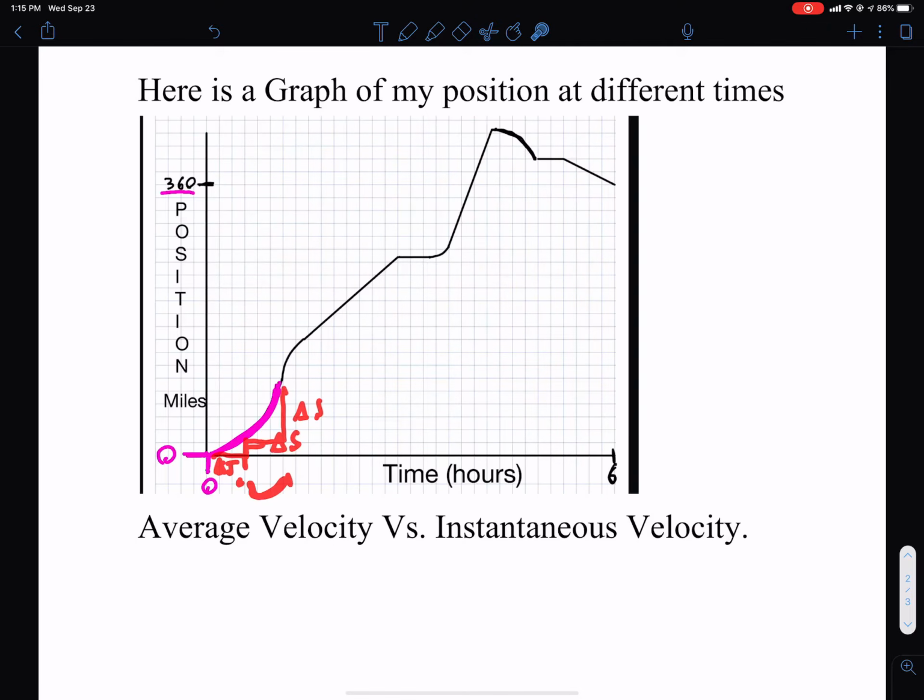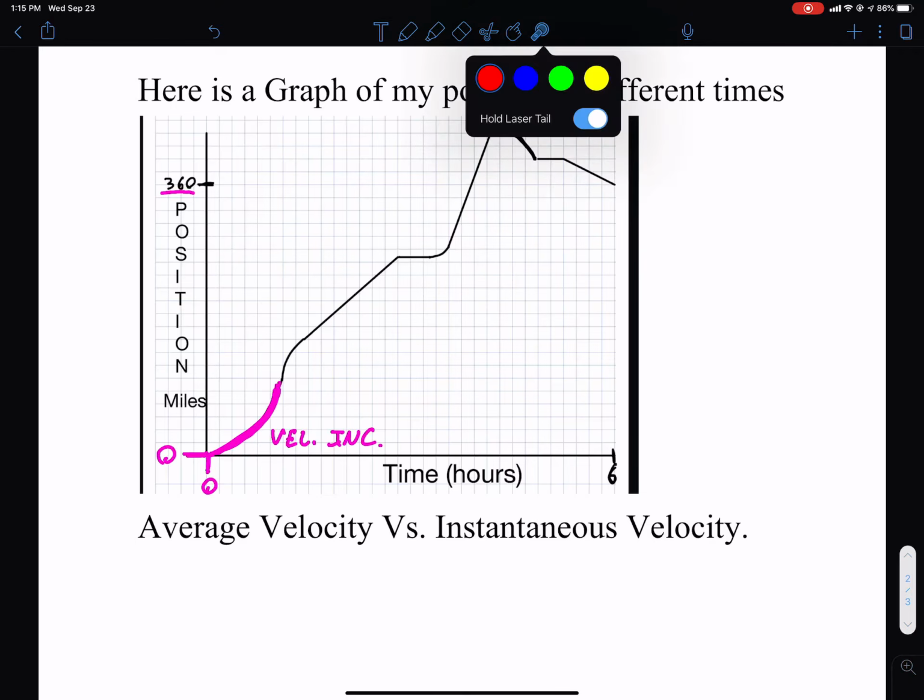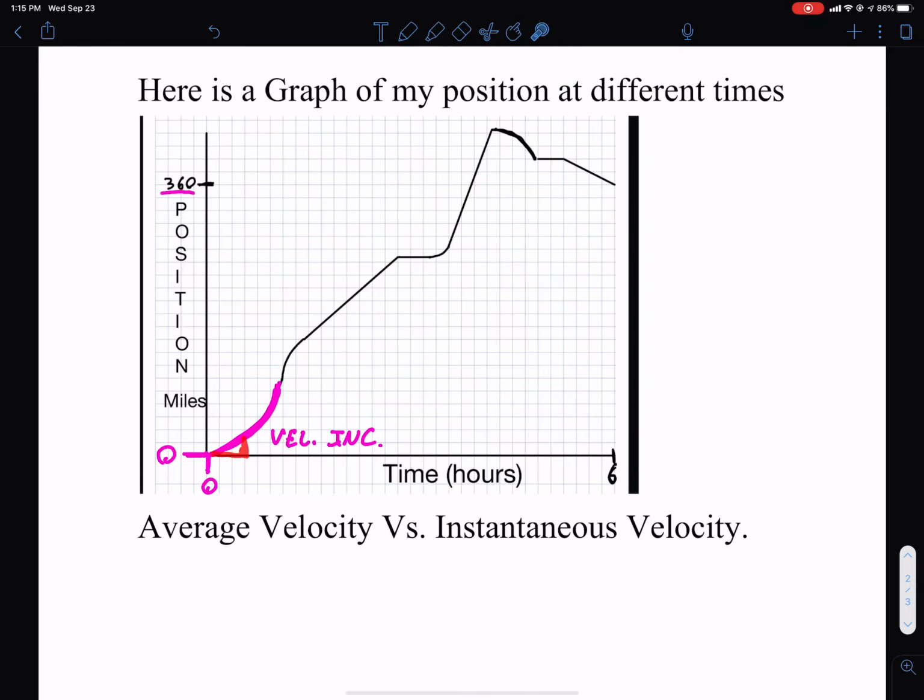Hopefully you see that. So in this region, my velocity is increasing because I'm traveling a greater distance. So in that time, I only increased a little bit, that much. But in the same amount of time, now I increased that much. So clearly, if I'm traveling farther in a shorter time, my speed, or velocity, is increasing.